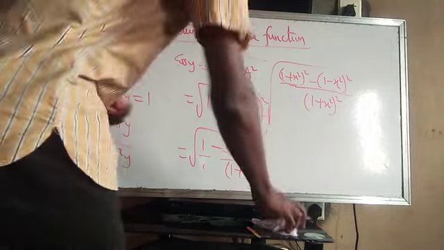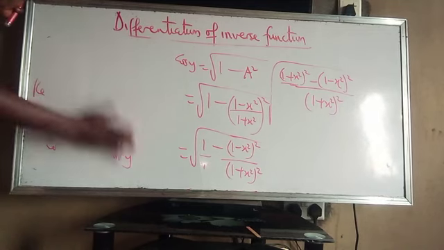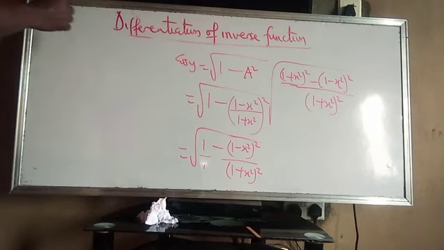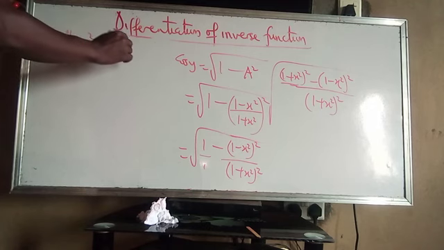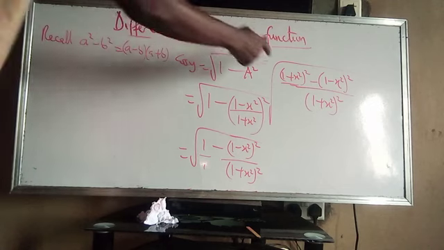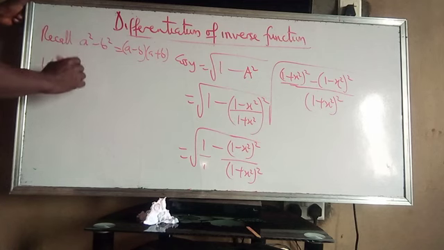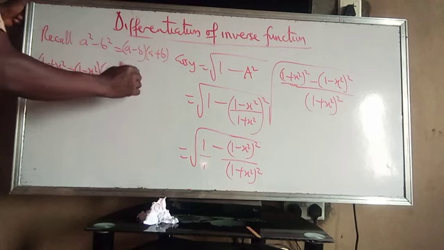So now if you look at this closely, you see that this has given us a difference of two squares. What do you have in the numerator? Now recall, a squared minus b squared is a minus b multiplied by a plus b. So we can evaluate this as 1 plus x squared minus 1 minus x squared, into brackets, 1 plus x squared plus 1 minus x squared.